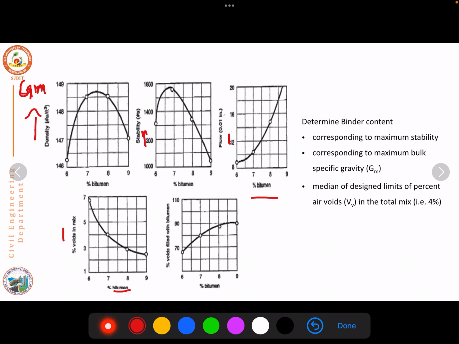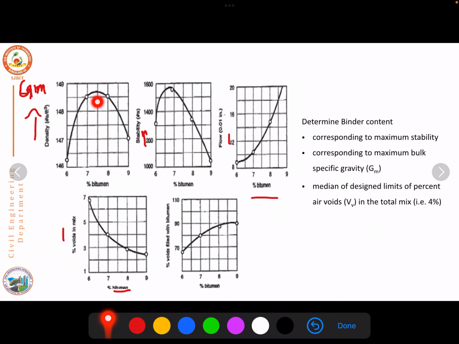You can see that as the binder content increases, the density value increases only up to a certain point. Beyond that point, the density value reduces. You can see a similar trend in the percentage of bitumen versus the stability curve. The stability value increases up to a certain point and then reduces.